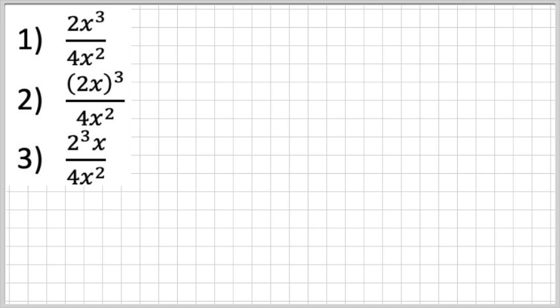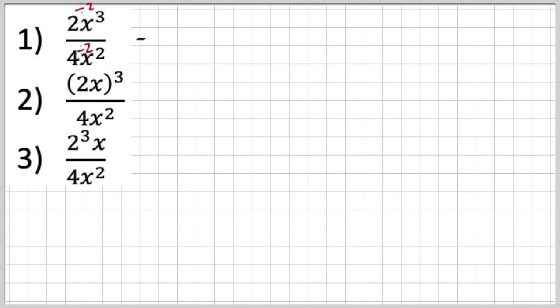When I look at question 1, it says 2x raised to the 3 divided by 4x raised to the 2. Remember that the 3 only counts for the x, not for the 2. What can we do with the 2 and the 4?